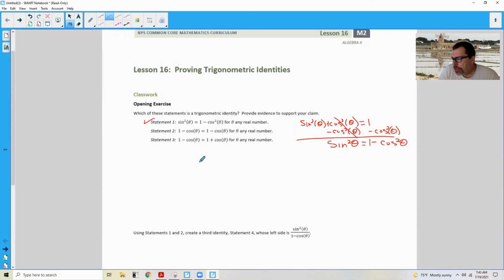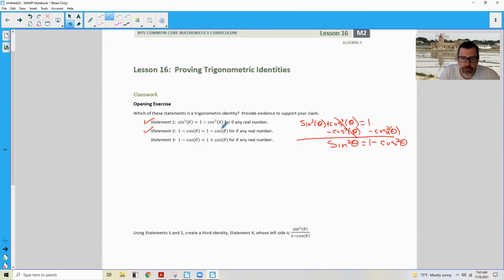Okay, statement number 2: 1 minus cosine theta equals 1 minus cosine theta for theta any real number. The functions on both sides of this equation are equal, so they're equivalent. So this is an identity as well.